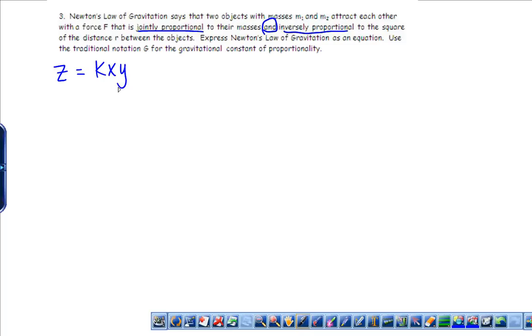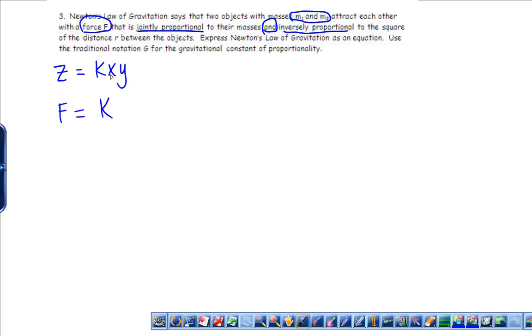So let's see what we can plug in. We were given some things here that they want us to use for mass, and they told us to use this for force. So it says, attract each other with a force that is jointly proportional. So I would think that we're going to use F equals K, that is jointly proportional to their masses.